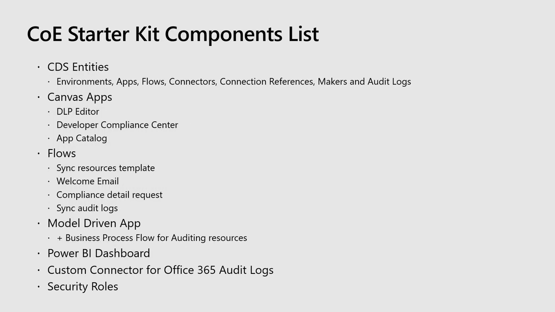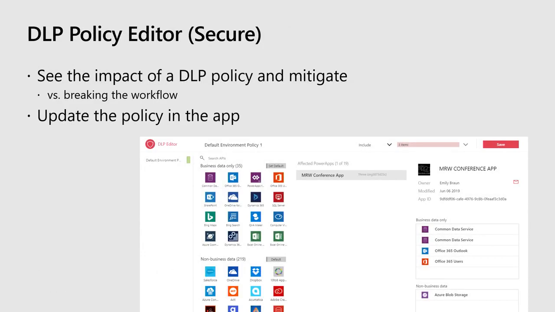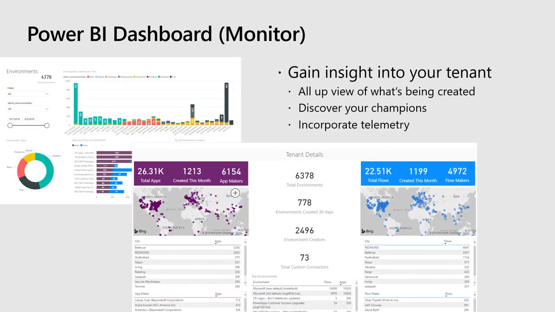There's a bunch of resources in the kit. I'll keep this for a moment here. There is a DLP editor, which is a great way to find out how your DLP policies are going to affect the organization. Some really cool looking dashboards give you good insight into how the adoption of the platform is going within your organization. And with that, I'll leave it to Kurt.